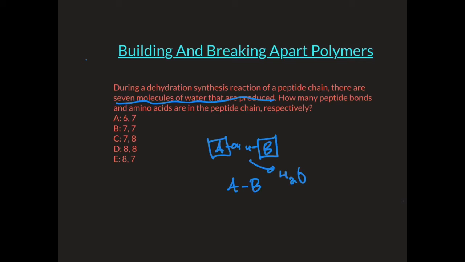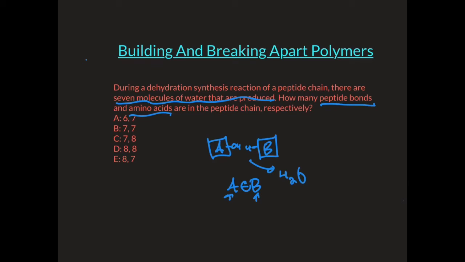In the question it says how many peptide bonds and how many amino acids are in the peptide chain. Well, when we have one H2O released, how many peptide bonds do we have? We have 1 peptide bond and we have 2 amino acids, right?